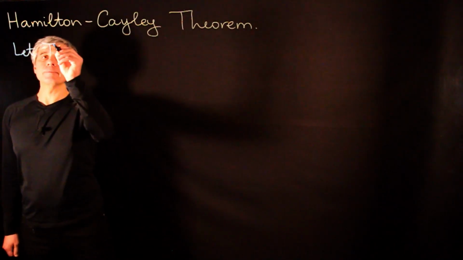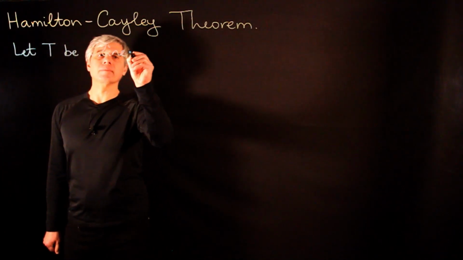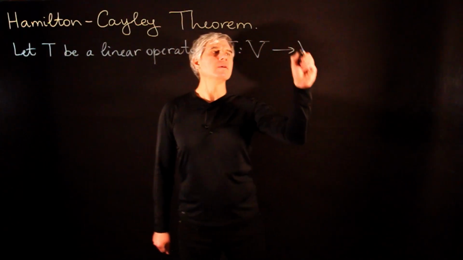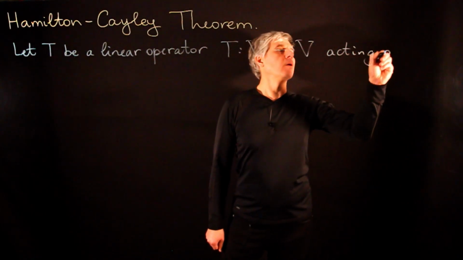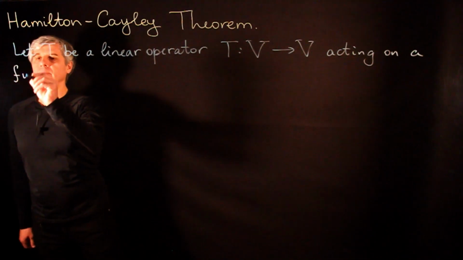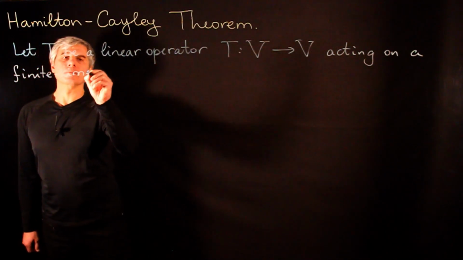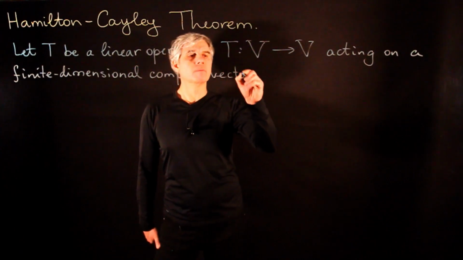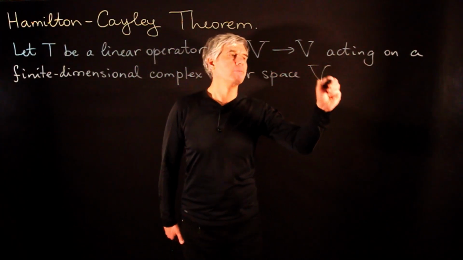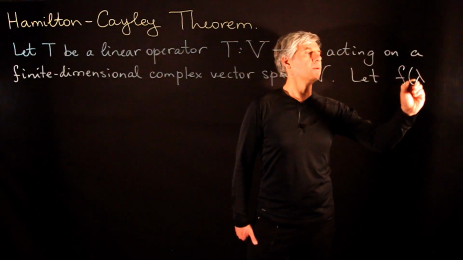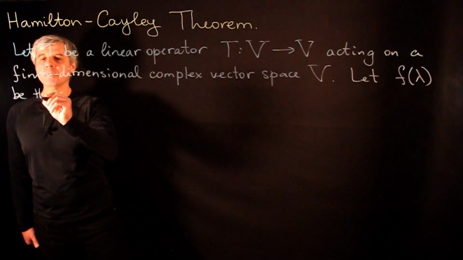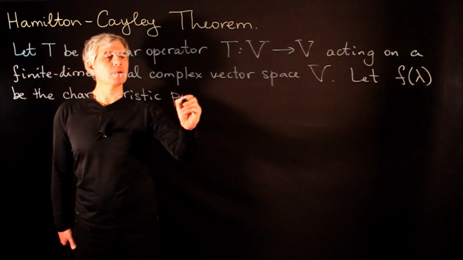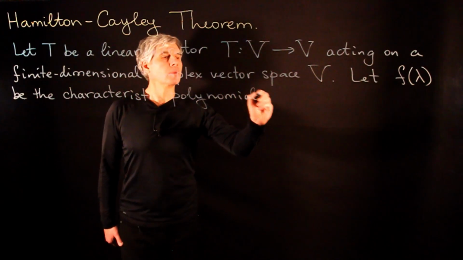Let T be a linear operator from V to V acting on a finite dimensional complex vector space V. Let f of lambda be the characteristic polynomial of T.